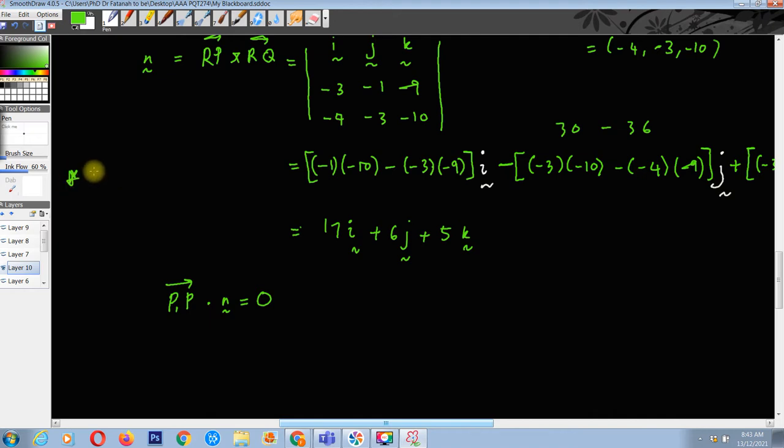If the cross product RP cross RQ equals 0, what is the meaning of this?